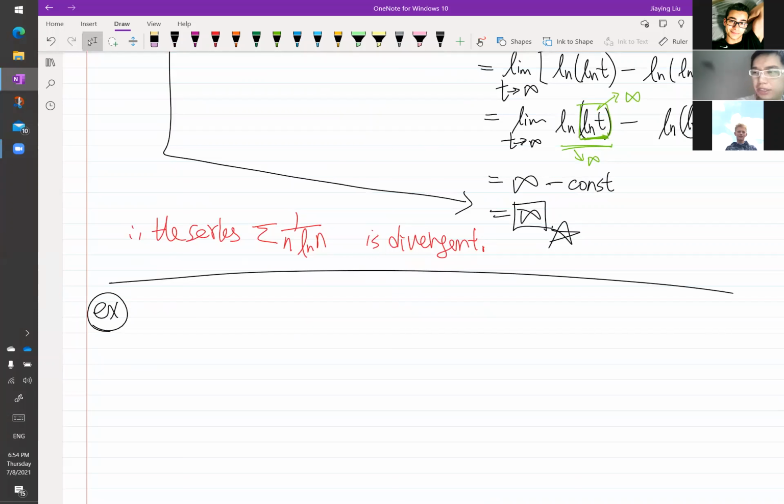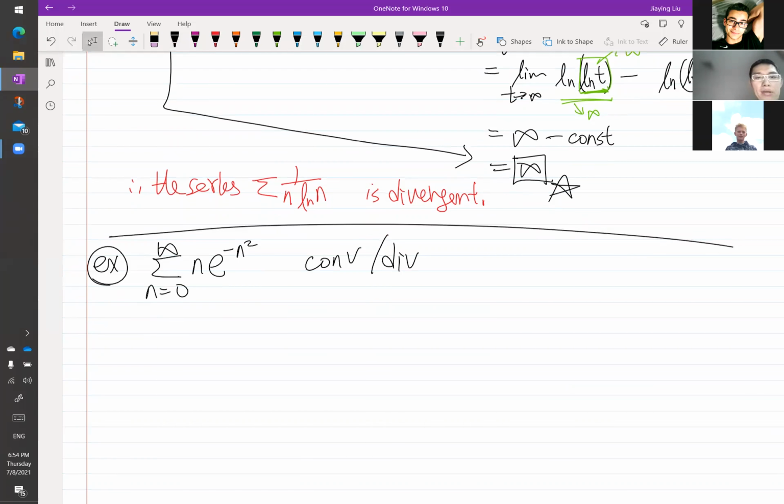The second example, I have a series, n going from 0 to infinity, of n e to the minus n squared. And I want to know if this is convergent or divergent. You can try to use a divergence test to show it's divergent.